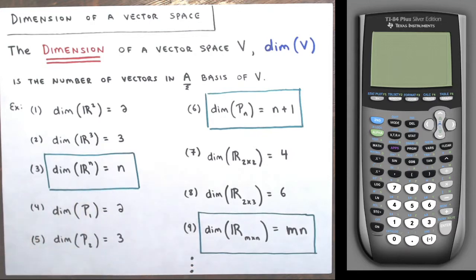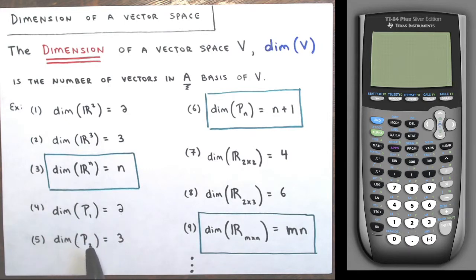Then for those sets of polynomials of degree 1 or less, or degree 2 or less, and so on, remember P1 earlier in the video. The standard basis had the vectors 1 and x. So the standard basis had 2 vectors in it, and the dimension of P1 is 2.